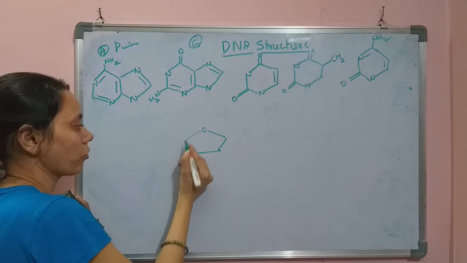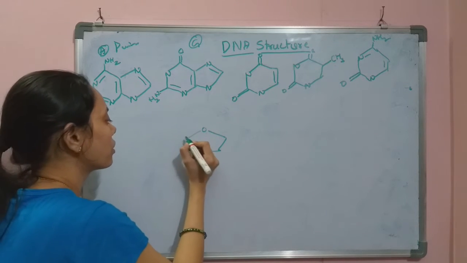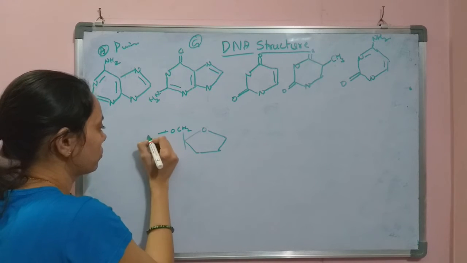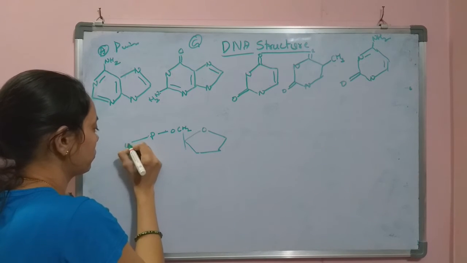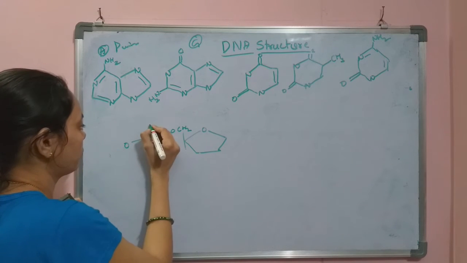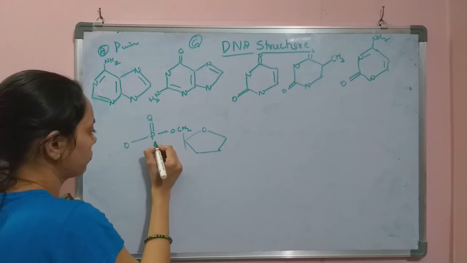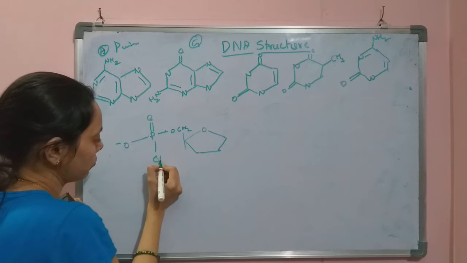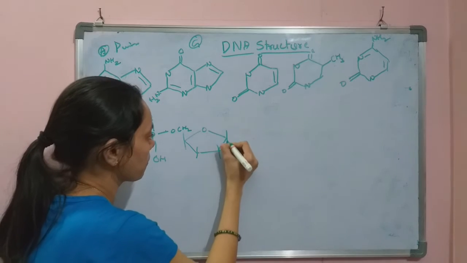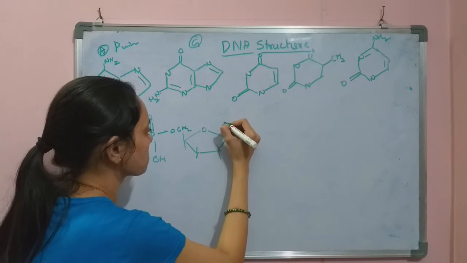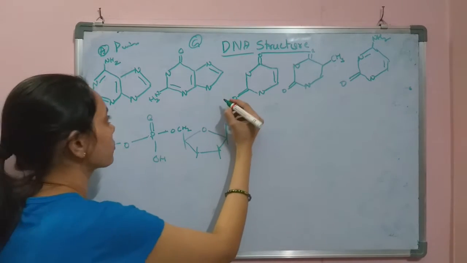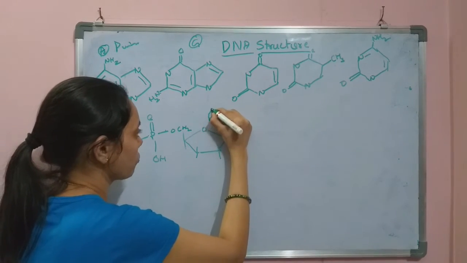Let us start by drawing a first nucleotide, and we'll find the nitrogen base over here. Let us draw the structure of adenine.